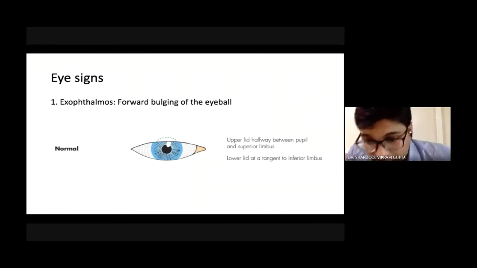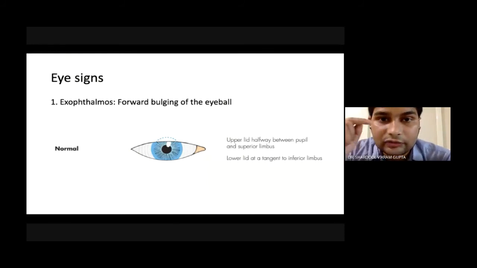So I'll try to look in front of you. See my eyes: my lid should be at the half of the distance between the superior limbus and the pupil, but my lower eyelid will be tangent to the inferior limbus.